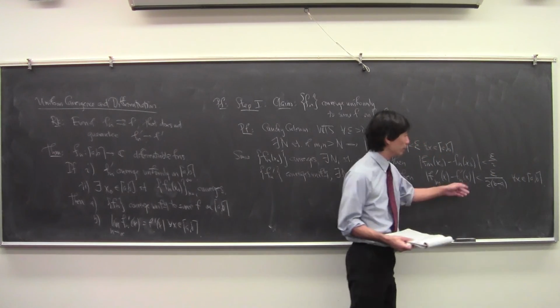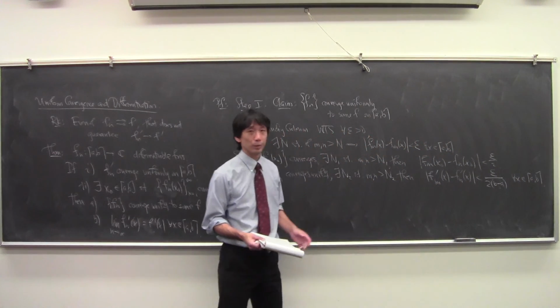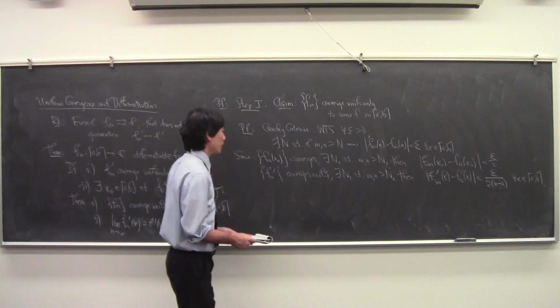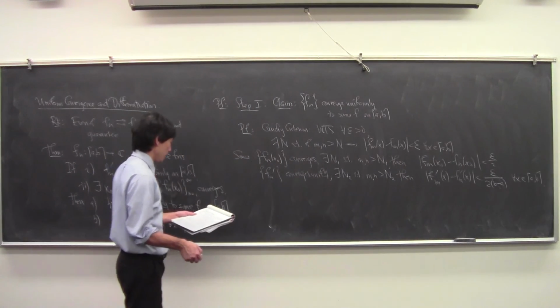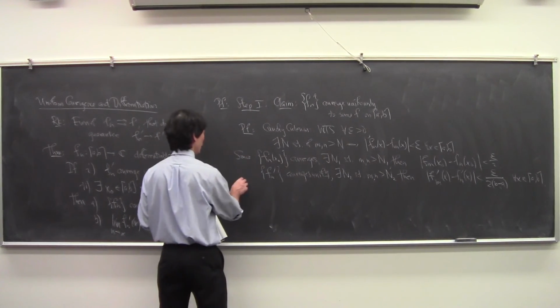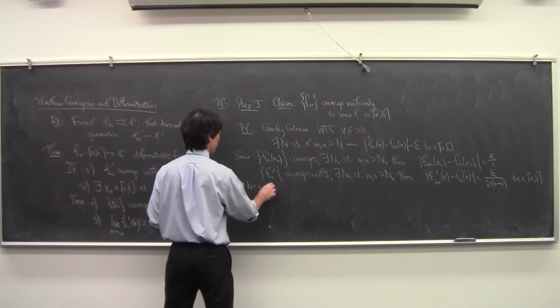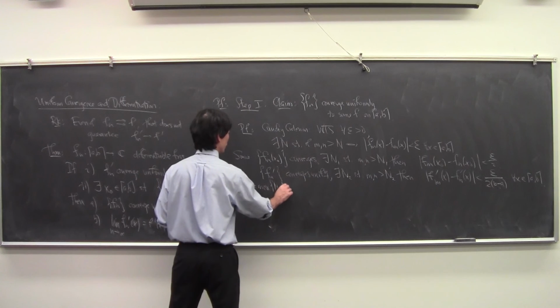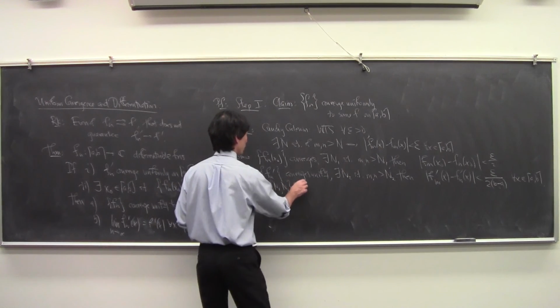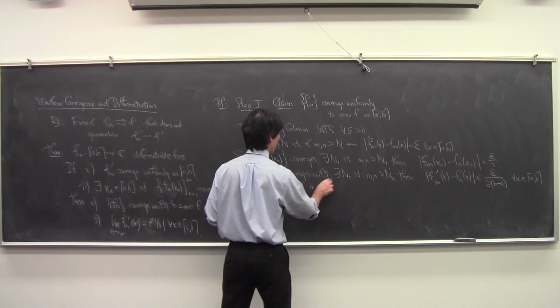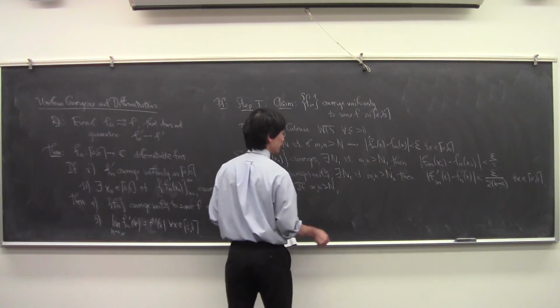And you'll see why we have these 2's and the b minus a. Okay, so then let N be, as usual, the max of N1 and N2. If m and n are bigger than N, then both of these things happen.